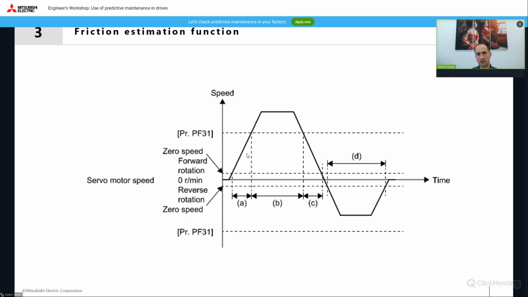In the case of the vibration estimation, it works without any condition, and we can read the values of the vibration. But in the case of the friction estimation, there are some conditions for how it should work to properly estimate this friction. It needs some time, and it needs to work at some levels of the speed of the motor.